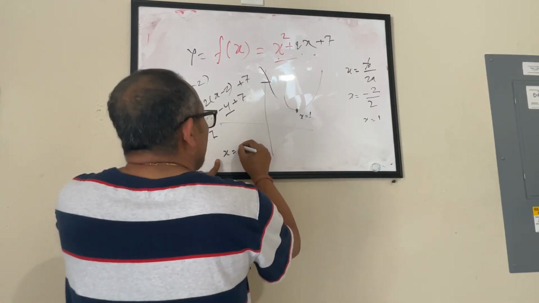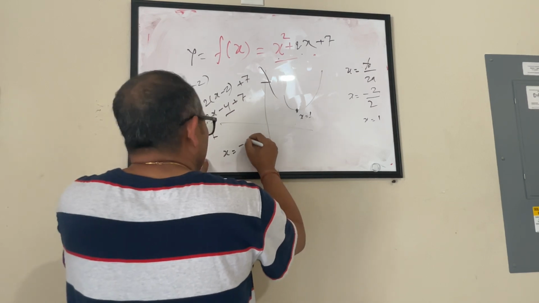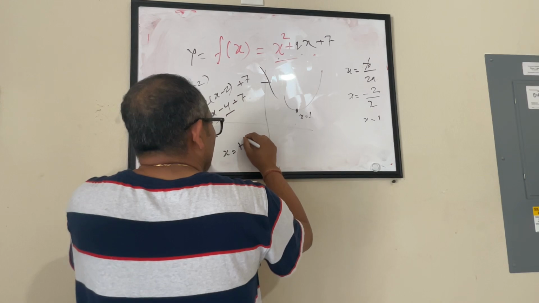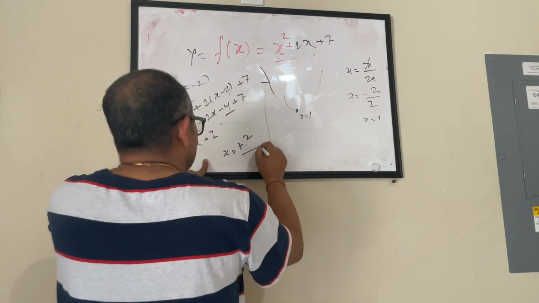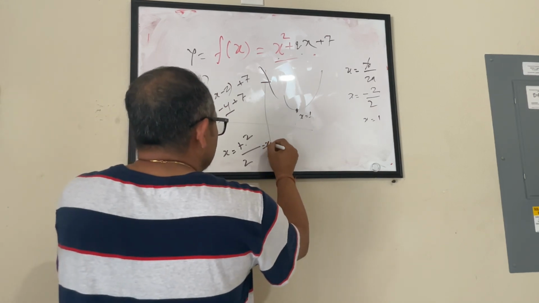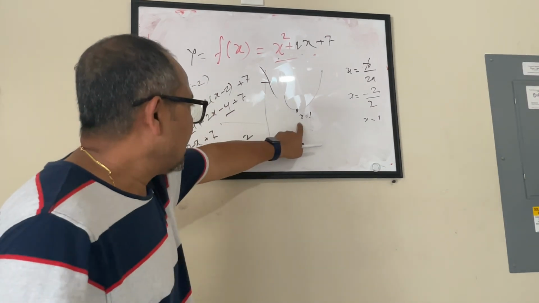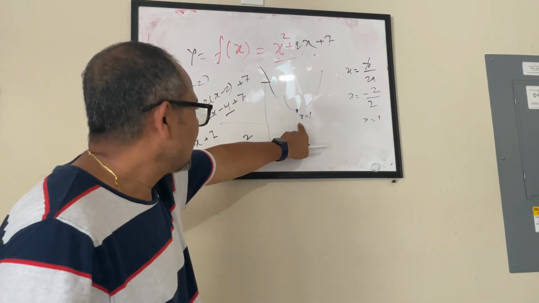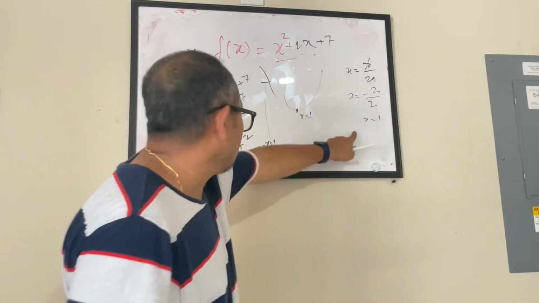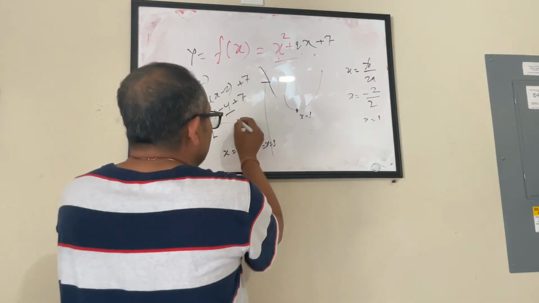Again, minus b, so it becomes plus 2 divided by 2a. So x becomes 1. So here x was negative 1, now it came to this side.